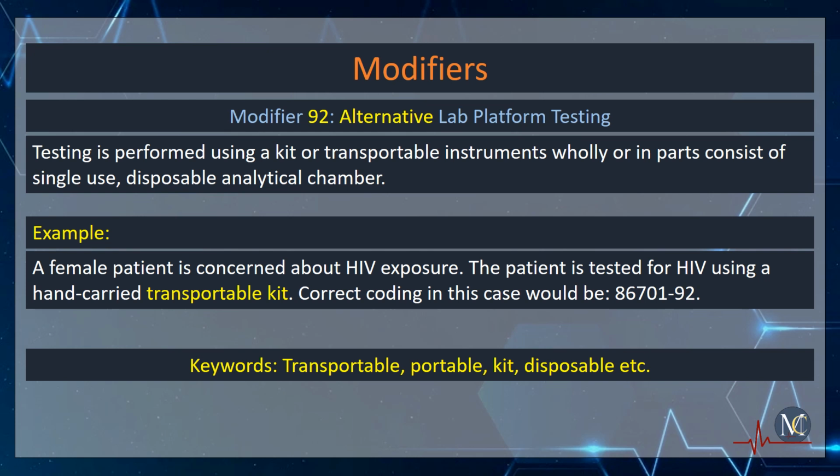A female patient is concerned about HIV exposure. The patient is tested for HIV using a hand-carried transportable kit. Correct coding in this case would be a CPT code along with modifier 92. Common keywords used for modifier 92 are transportable, portable kit, or disposable.